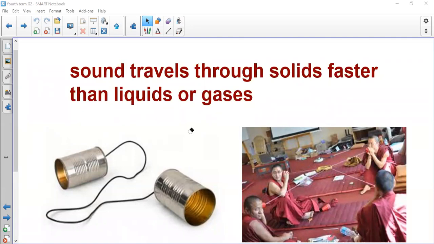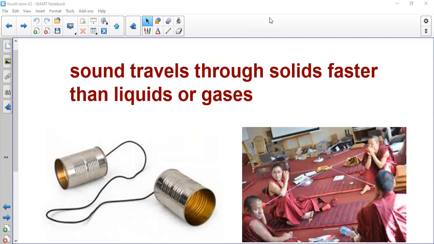So you will hear it very fast through solids, faster than liquids or gases. Again, sound travels through solids faster than liquids or gases.